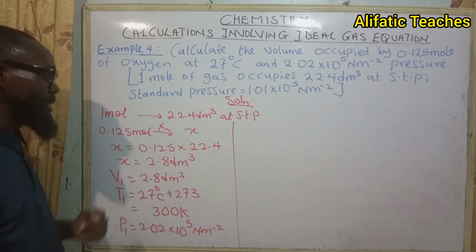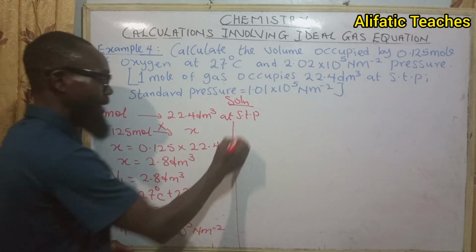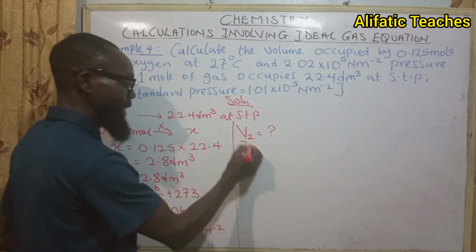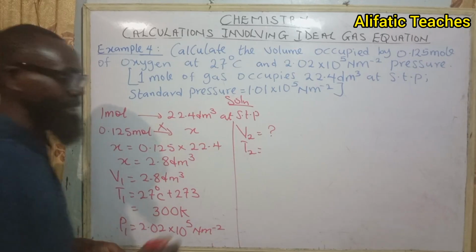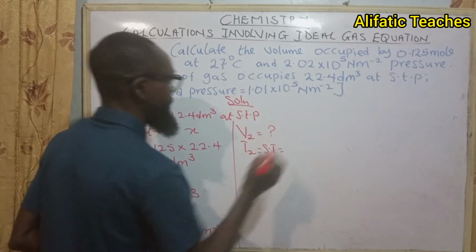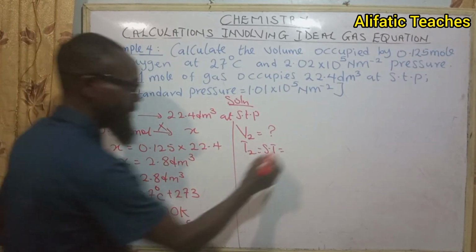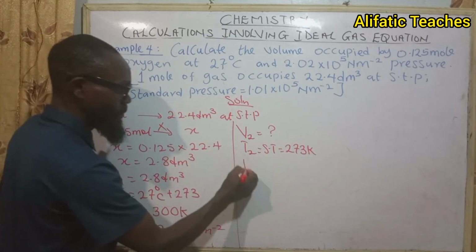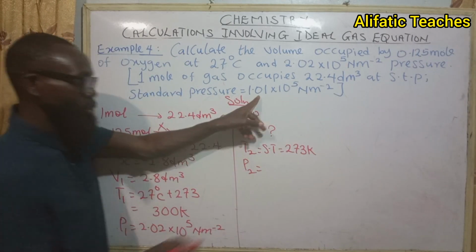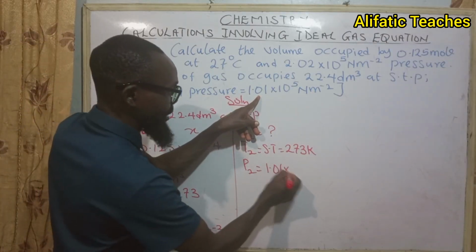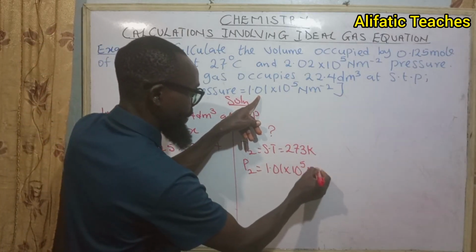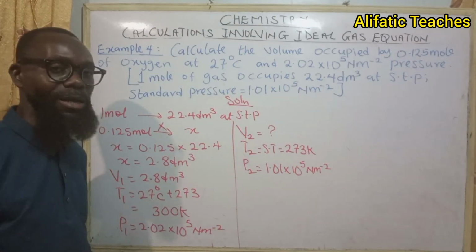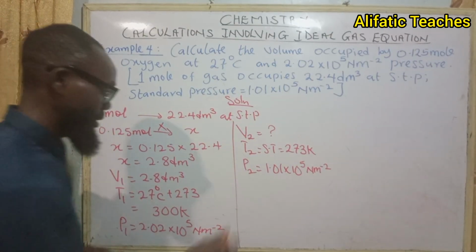Then we can now move on to the other aspects. Our V2 now is what we are looking for. Our T2 is our standard temperature, which has the value of what? 273 Kelvin. Then our P2 equals the pressure given to us, 1.01 times 10 to the power 5 Newton per meter square.